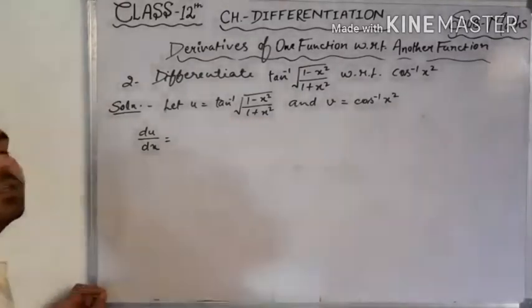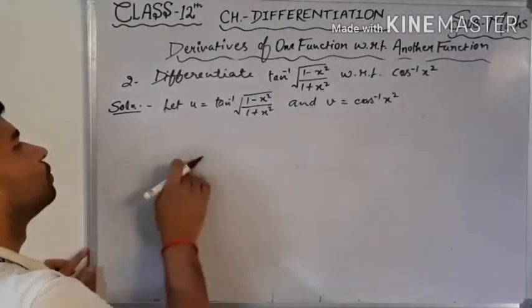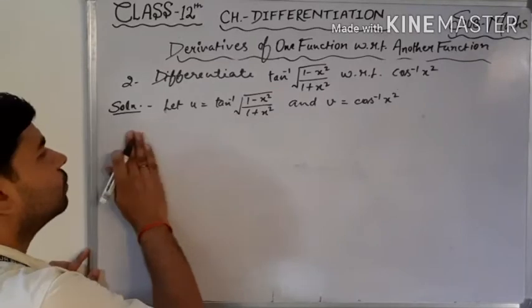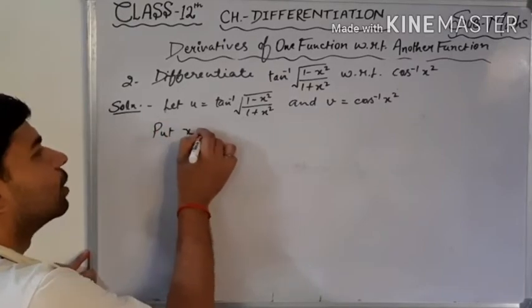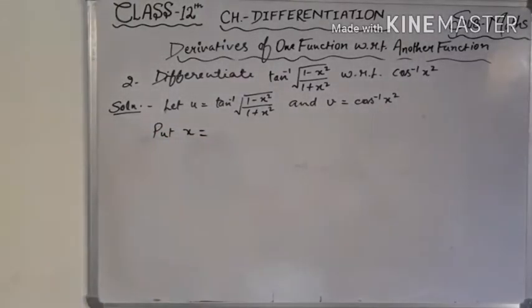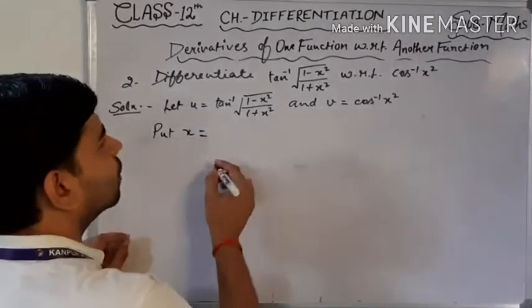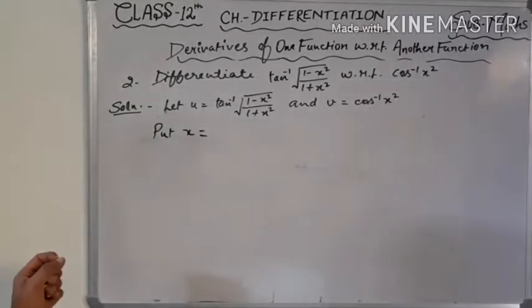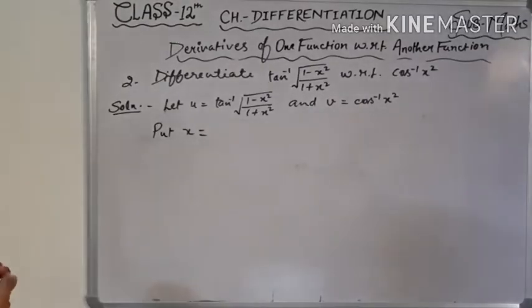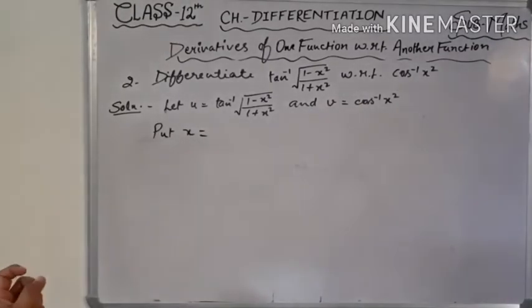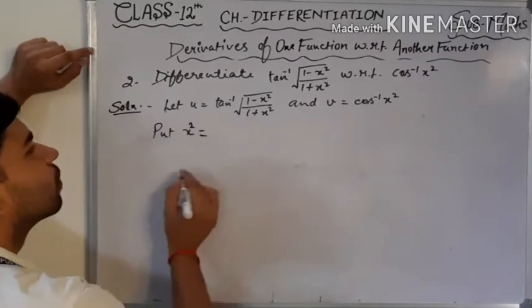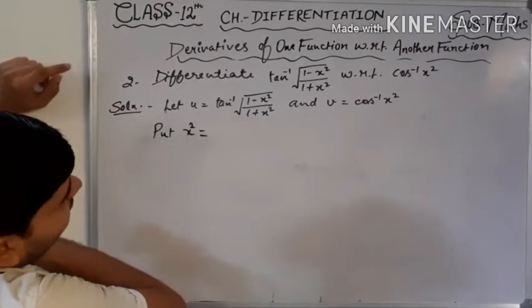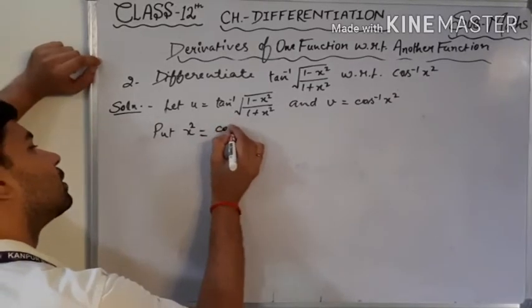This can be solved by the substitution method. So first solve u. What should we put in place of x? Put x square equal cos theta.